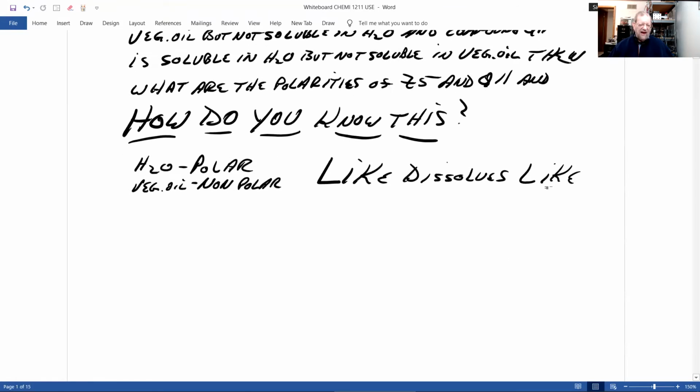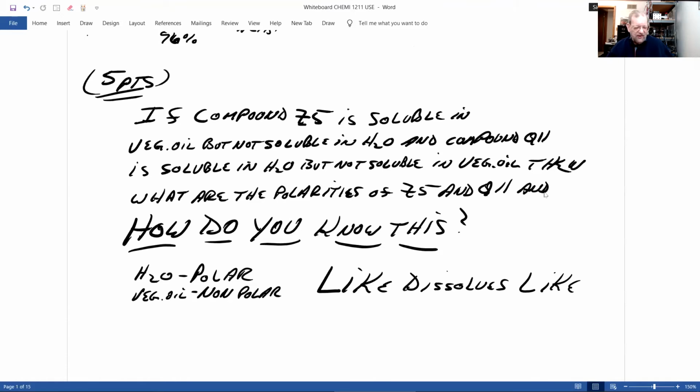And because of that, Z5 is soluble in vegetable oil, which is nonpolar, and therefore Z5 is nonpolar.